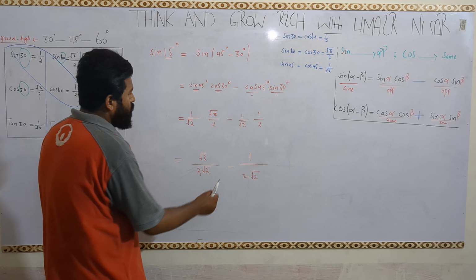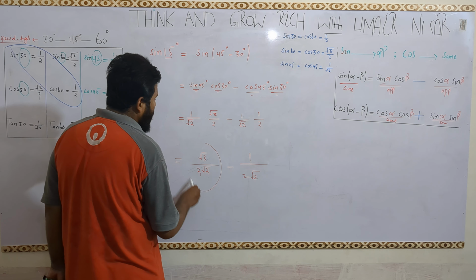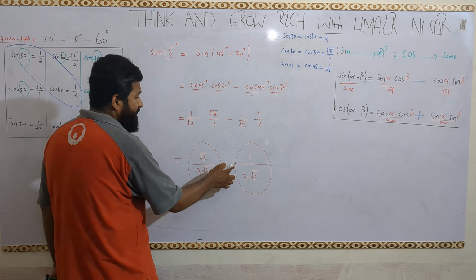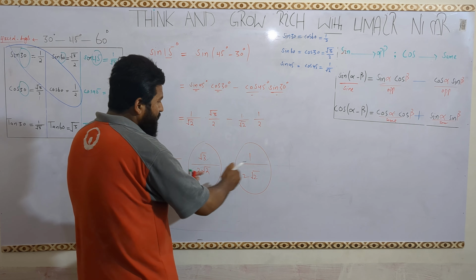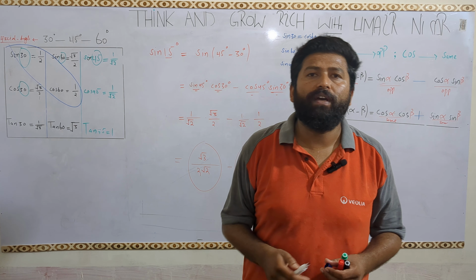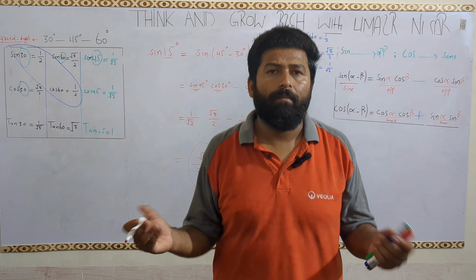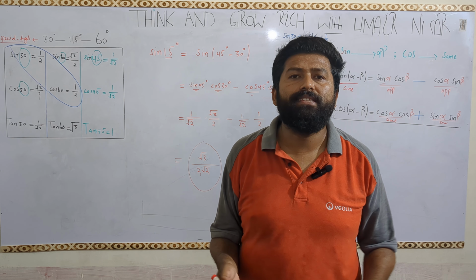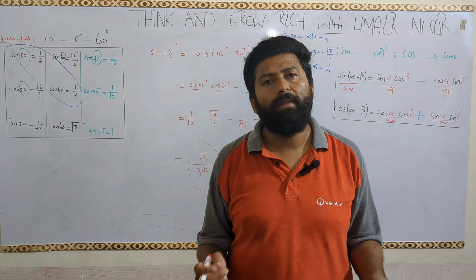Here, two terms are in fraction form, and these fractions are bound together by minus. So remember the rule: if two fractions are bound by plus or minus, then what will we do? We will take the LCM, least common multiple.